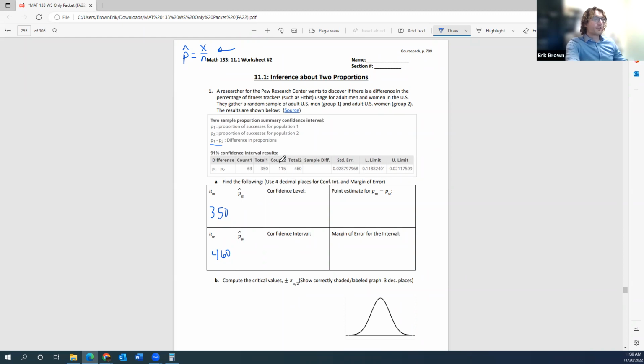So where I'm getting them from, this is the weird thing, right? StatCrunch does count 1 and total 1. The way StatCrunch works is count is X, but it also calls it number of successes, like the one we just did. And then total is N, but it's also called number of observations.